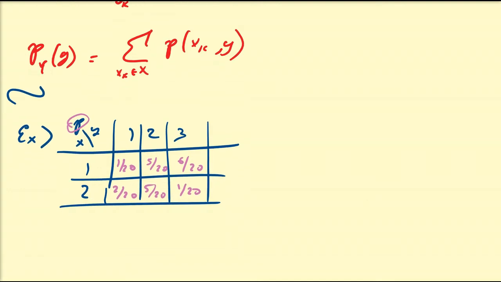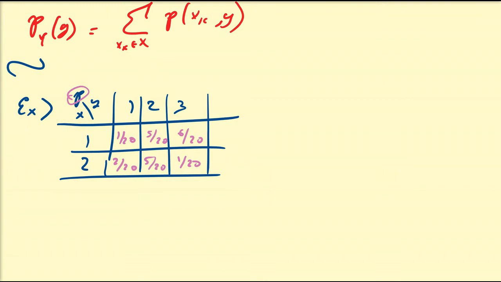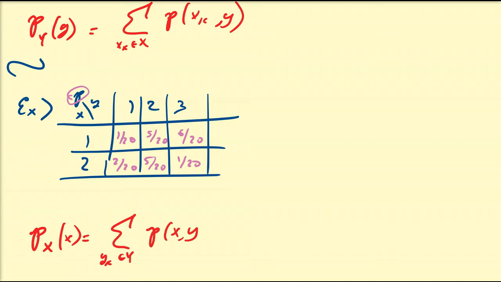So let's start with the function for x. P_x(x) is defined, again, to be equal to the sum over all y_k in Y of P(x, y_k).